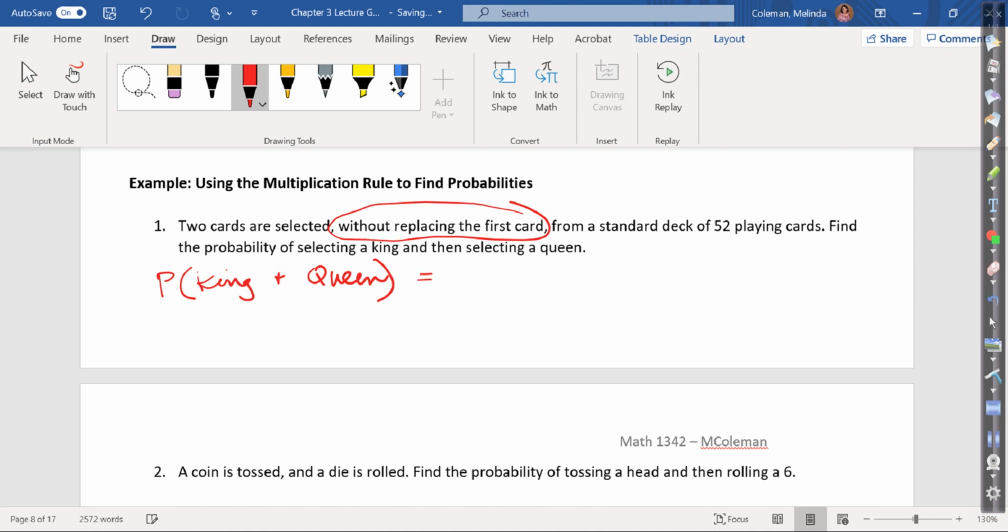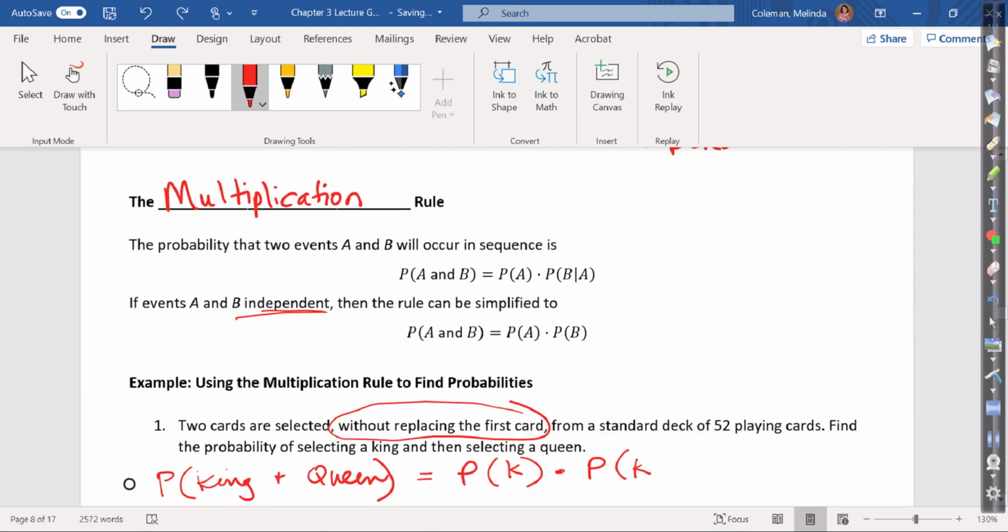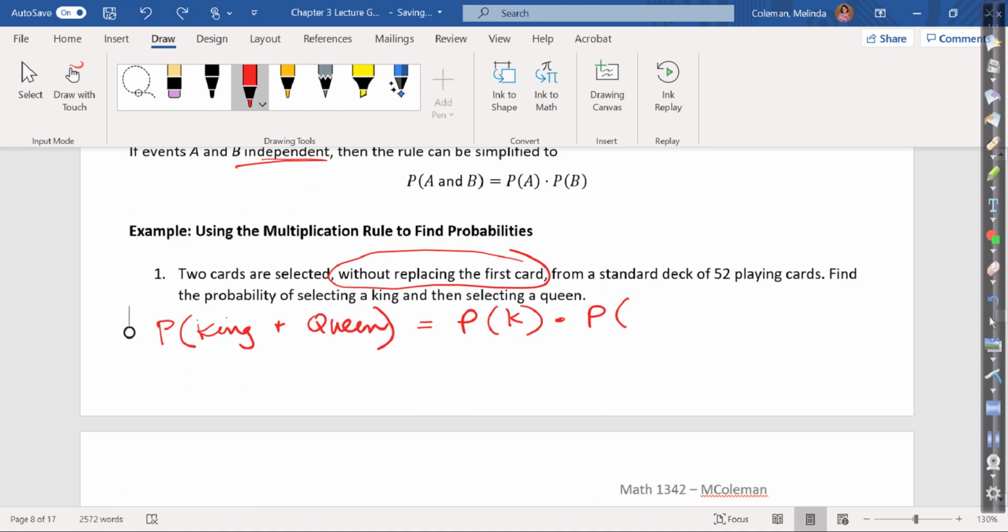So this would be the probability of a king times the probability of a queen given that a king was chosen first. So the probability of getting a king and then the probability of getting a queen given that the king was already chosen.